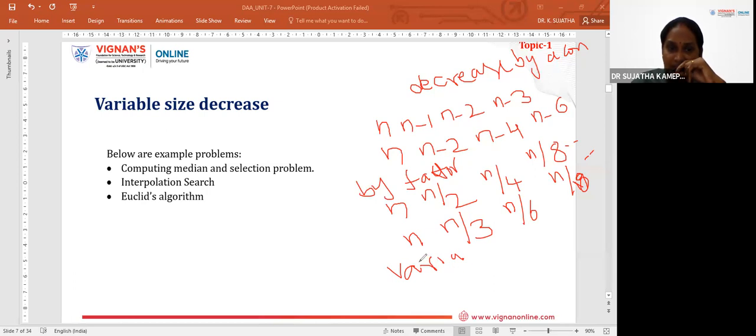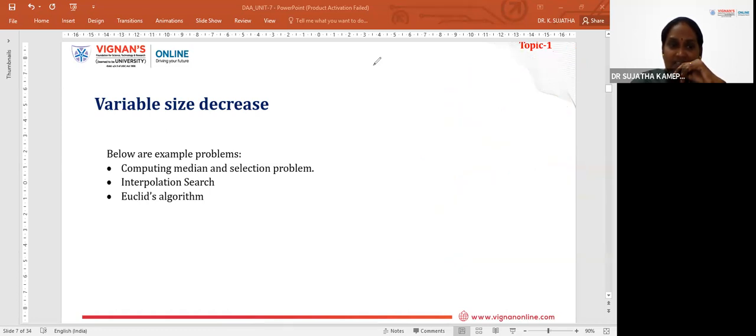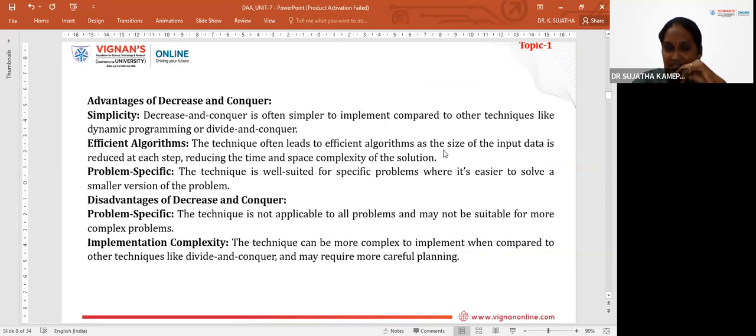The second argument value is always smaller on the right hand side than on the left hand side, so it decreases neither by a constant nor by a constant factor. The best examples for variable size decrease are computing the median in the selection problem, interpolation search, and Euclid's algorithm. I hope that you all understand the three variations of the decrease and conquer method: decrease by a constant, decrease by a factor, and variable size decrease.